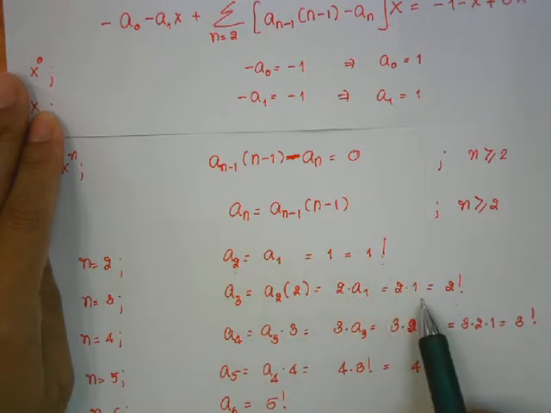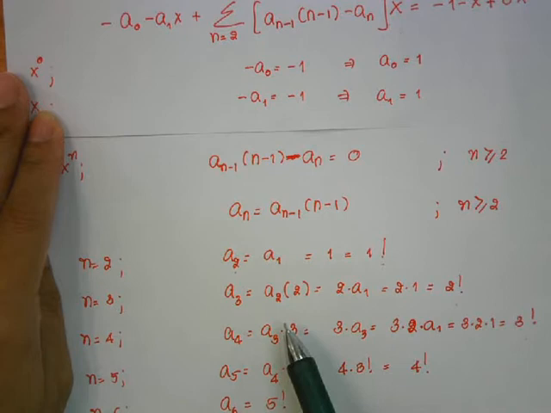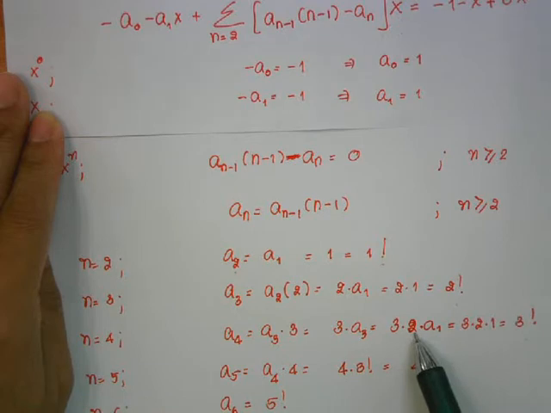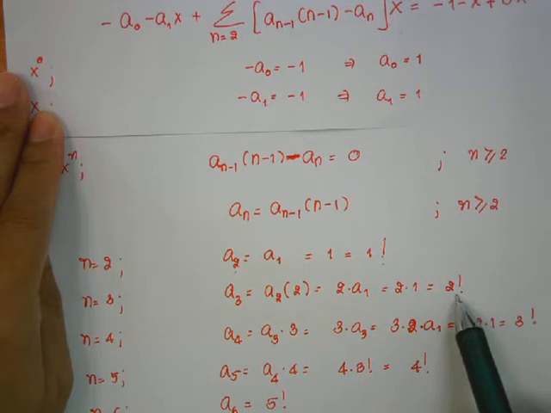I'm still not sure whether it is a factorial yet, so I just put n equal to 4, and then a4 is equal to a3 times 3. And my a3 is equal to 2 times a1. Now, it's obvious that it becomes factorial. So from this point, I would say that it's equal to 3 factorial. So up here, I put 2 factorial there and 1 factorial.